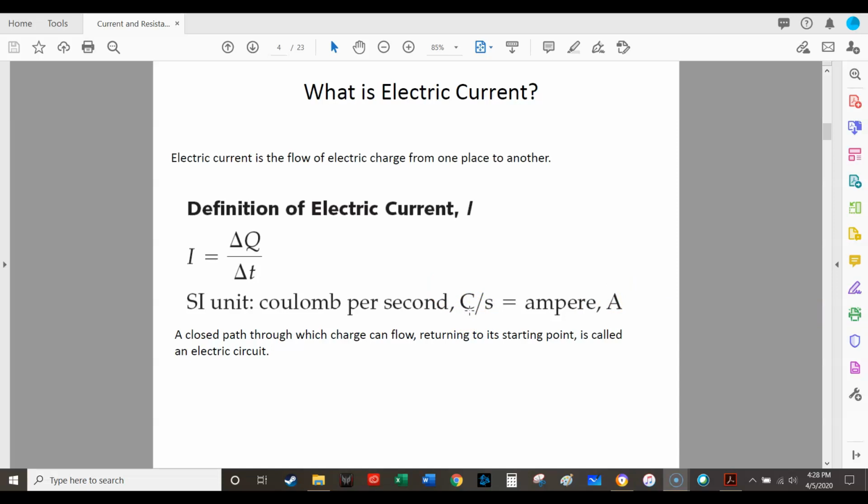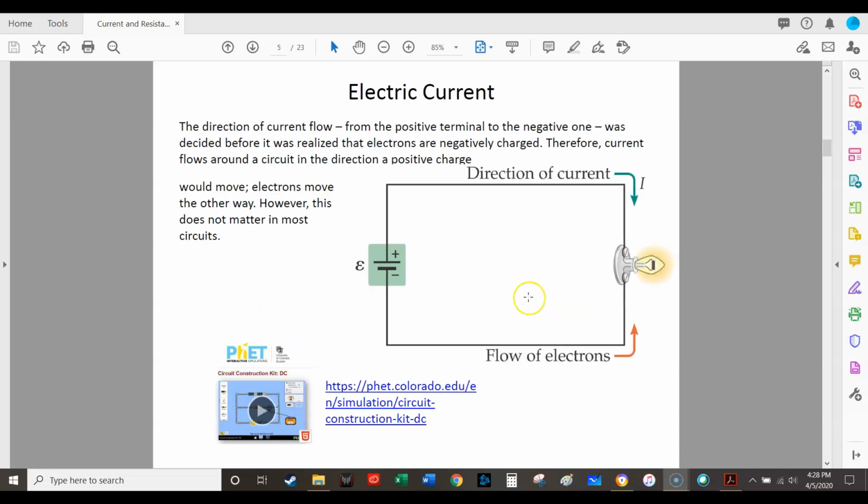So it's basically the amount of charge flowing past a point over a given period of time. Interestingly enough, electrons are moving counter to the direction of the current.